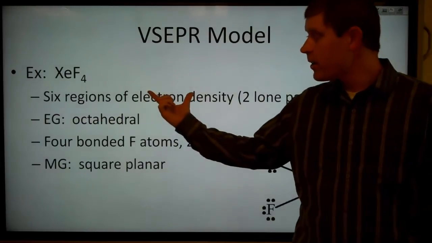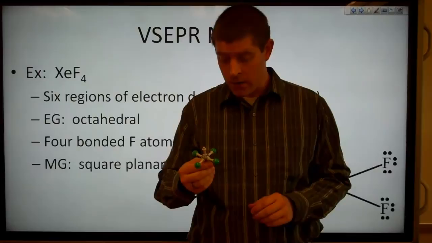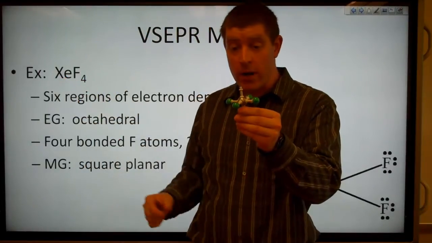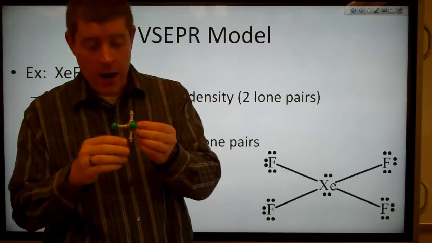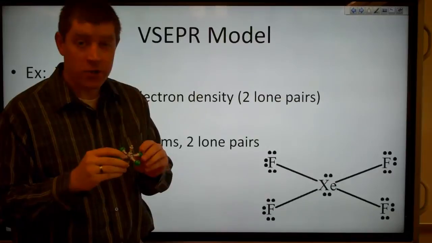So now let's look at one of the few compounds that involves a noble gas. There we have xenon tetrafluoride. We have an octahedral electronic geometry because we have a Lewis dot structure that looks something like this.